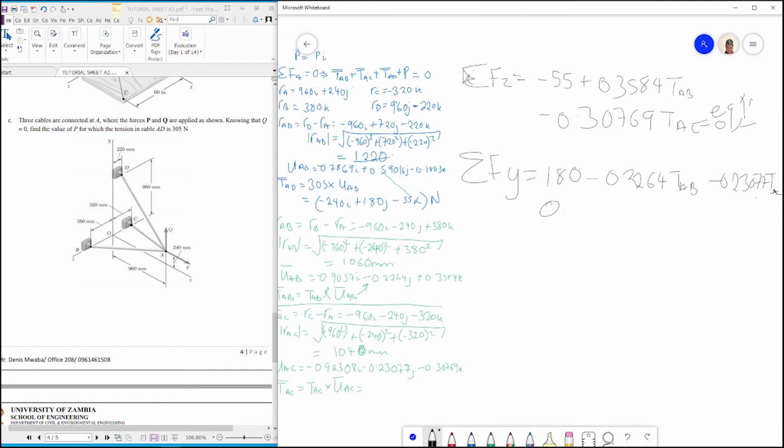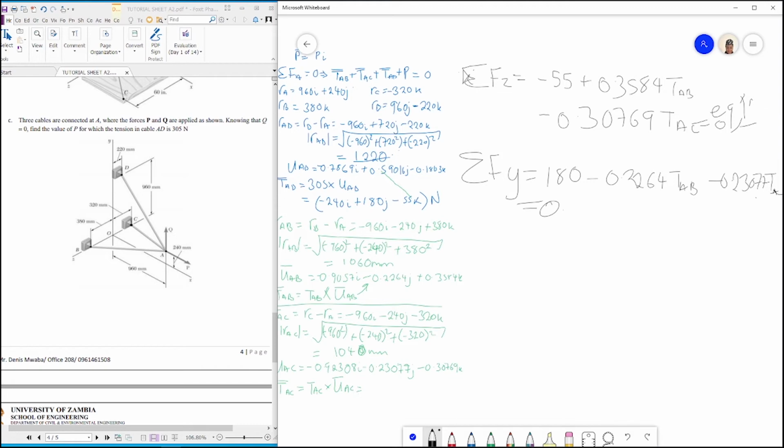Okay, that should be equal to 0. So with these two simultaneous equations, we can actually solve for TAB and TAC.